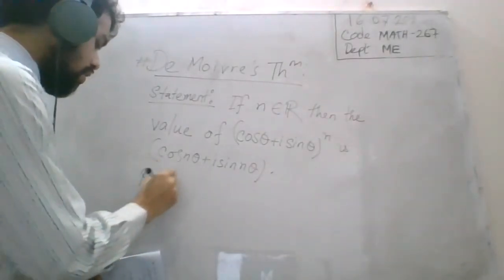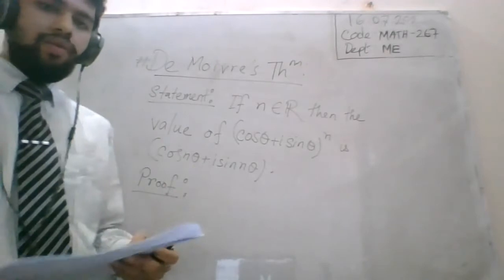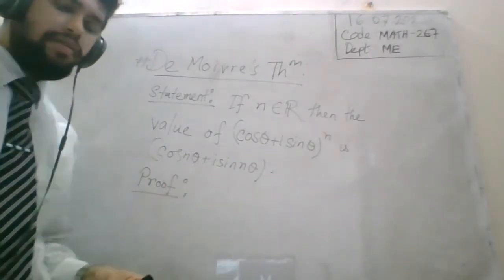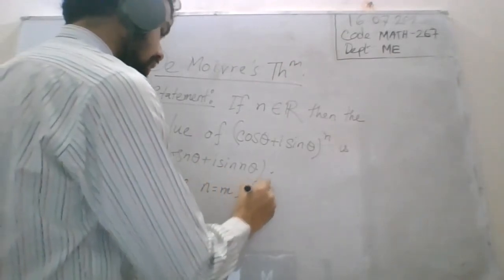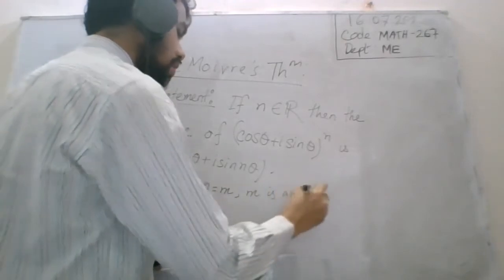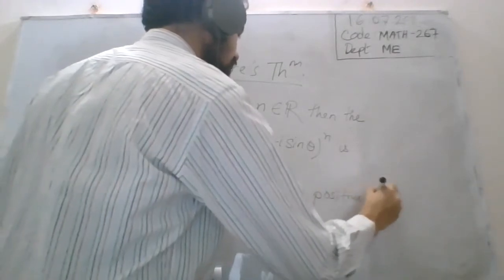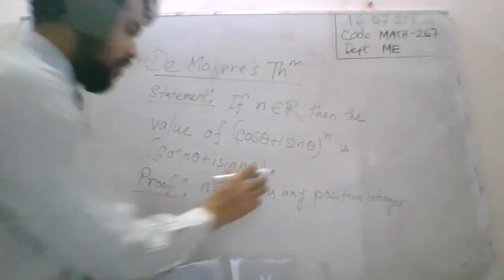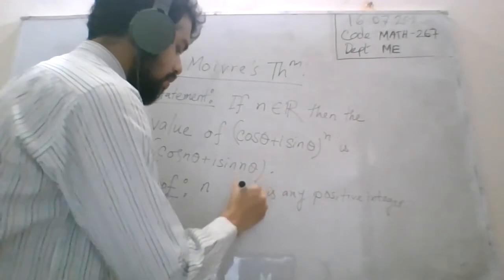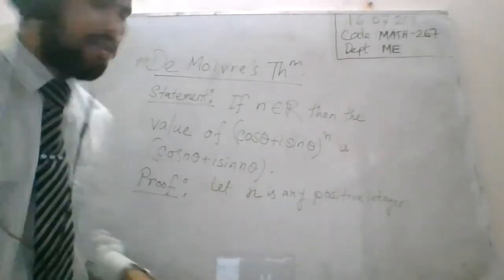For n equal to a positive integer, any positive integer, say n is equal to m, we can solve it. The proof can also be done when n is a positive integer. I'm writing it above.